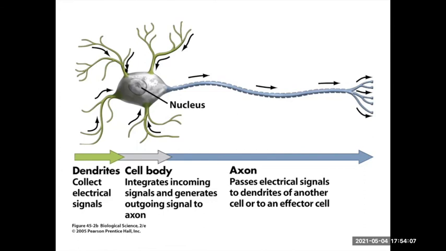So signals are going to flow in this direction, remember. It's going to be electrical signals coming from the dendrites toward the axon hillock, all the way down the axon into the axon terminals to the next cell. So always keep this in context in your mind, because we're going to get close in on a lot of these areas right here.